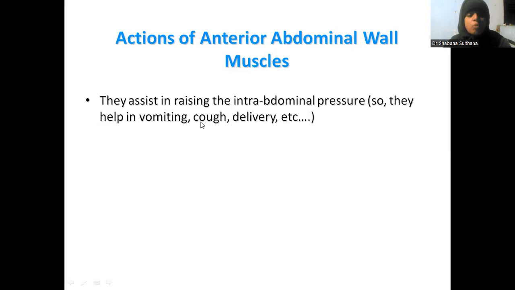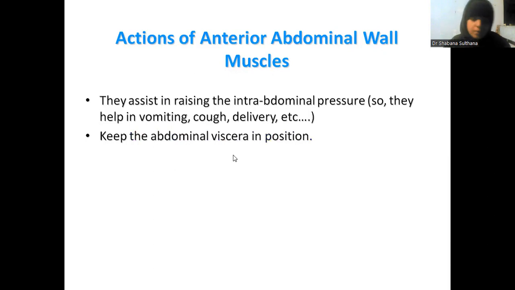They help in vomiting, cough, delivery, etc. They keep the abdominal viscera in position. Are the intestines just popping out? No. Is the stomach popping out? No. All this because our tone of the muscles is quite good. If we don't have good muscle tone, we usually suffer with hernias. That means these muscles are actually keeping the abdominal viscera in position.